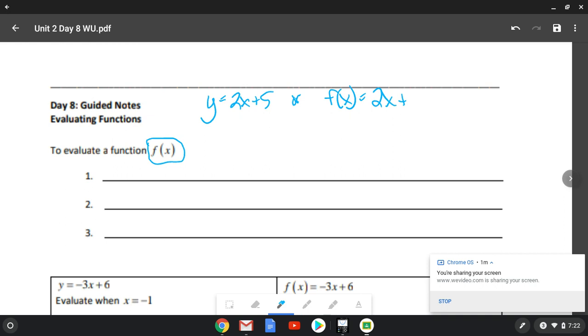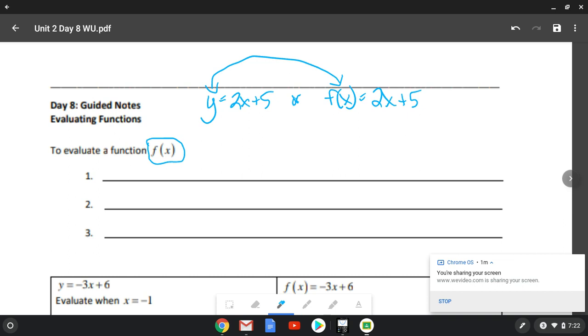And let's talk about what this is stating here. So this is considered on the right side function notation. On the left side is something you're probably used to from last year when we were graphing, where it just said y equals. Just know that y and f of x are interchangeable when we're talking about graphing, but the one on the right side gives you a little more information. It will actually be able to give you what number you plug in for x and what number we're going to get out.